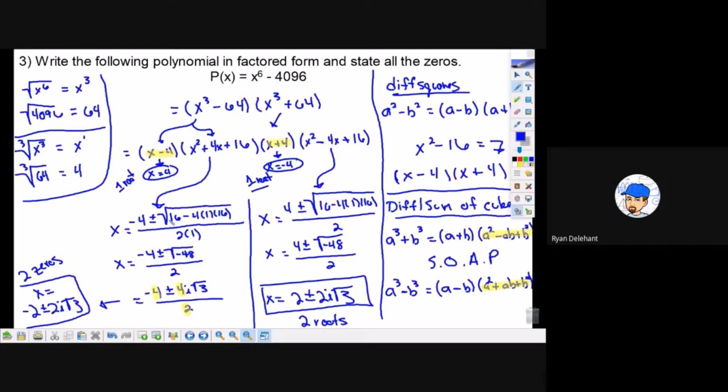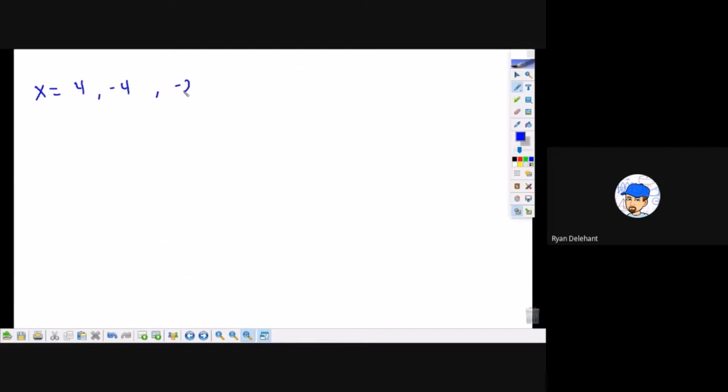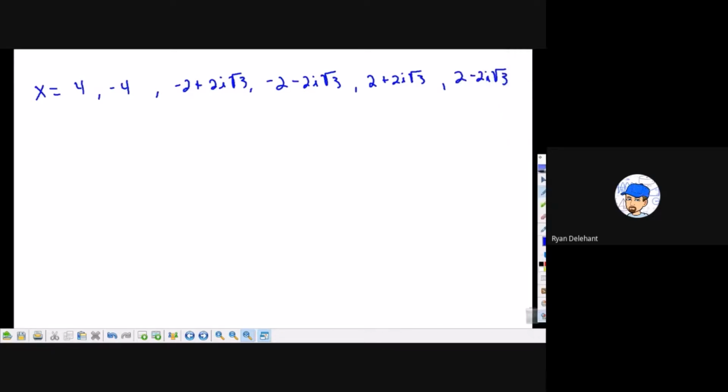So it's -2 plus 2i root 3, -2 minus 2i root 3. Then the other one was +2. You separate that plus or minus symbol, that's where you see both those roots. And those are all 6 roots that we can use to get us down to our factored form.